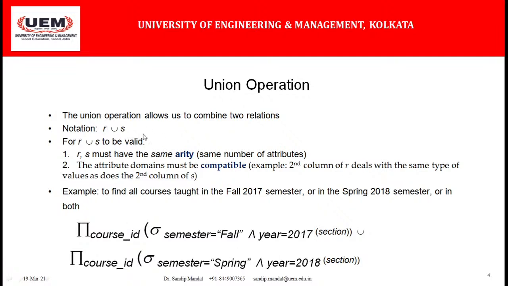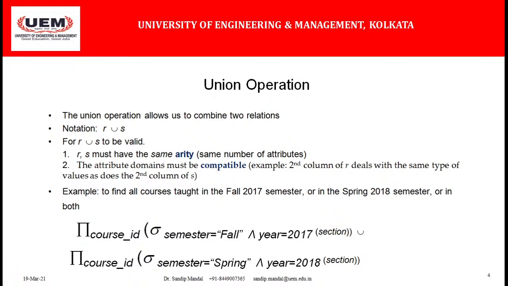Now the condition is that R union S is valid only if R and S have the same arity. Arity means the same number of attributes. Okay, R and S must have the same number of attributes, so relation R and relation S both have the same number of attributes.